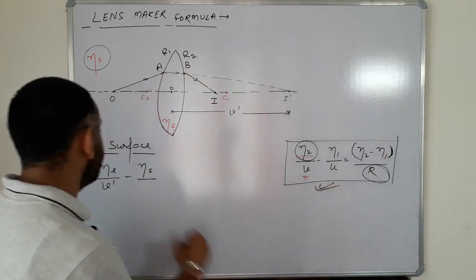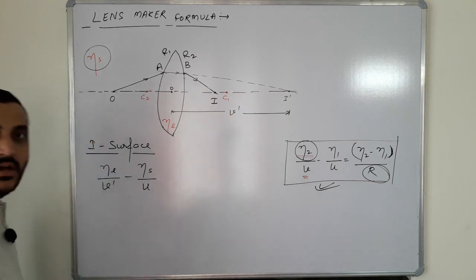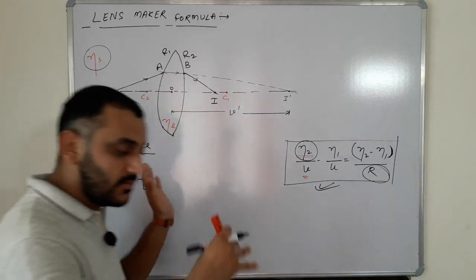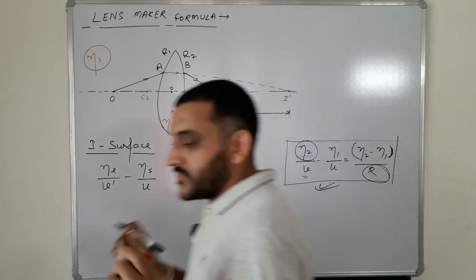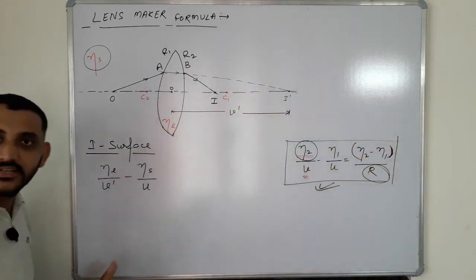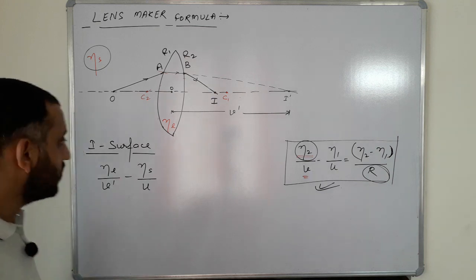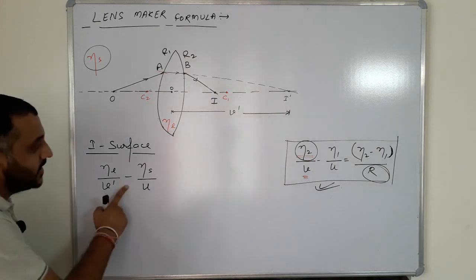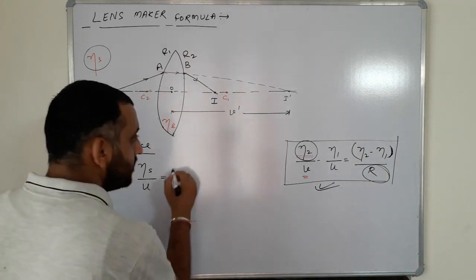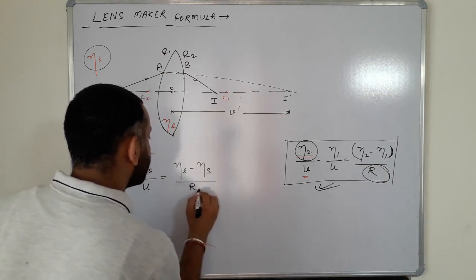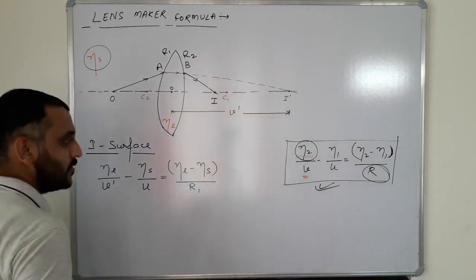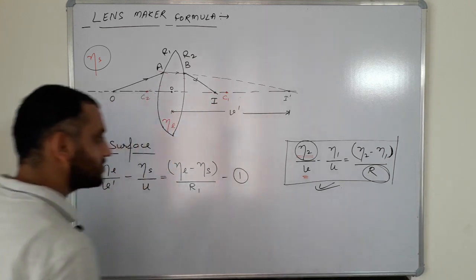I am putting here plus u, not minus u. Sign convention we will put at last, at last we will use signs according to our surface. We are deriving the general formula. So ηL/v dash minus ηs/u is equal to (ηL minus ηs)/R1. Suppose this is equation number 1.